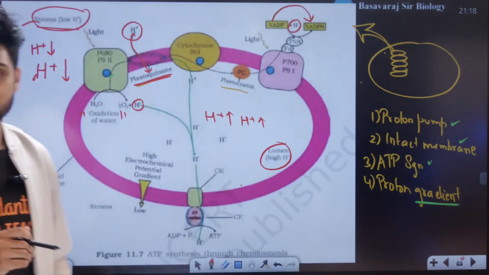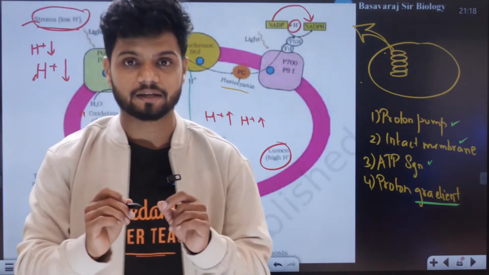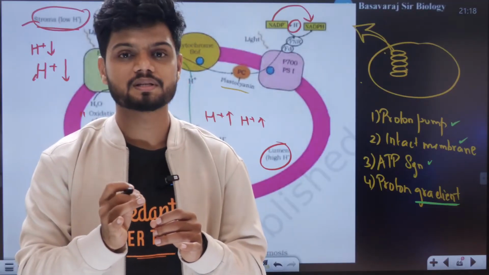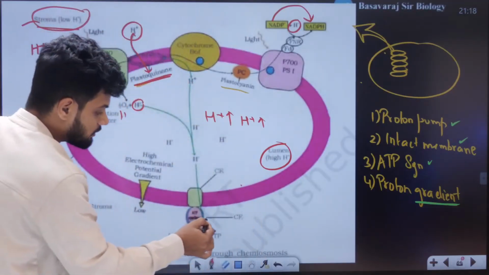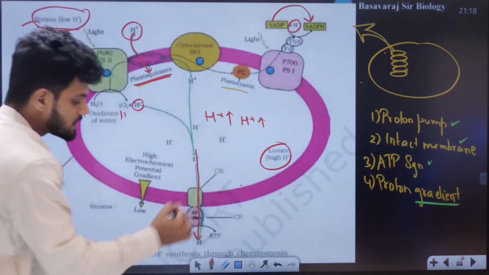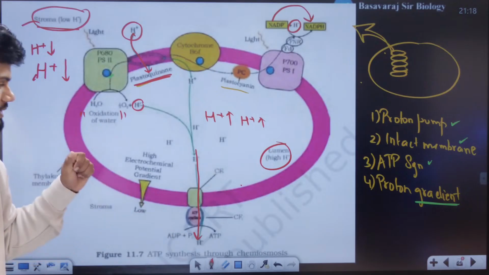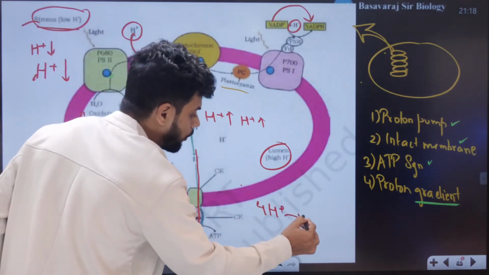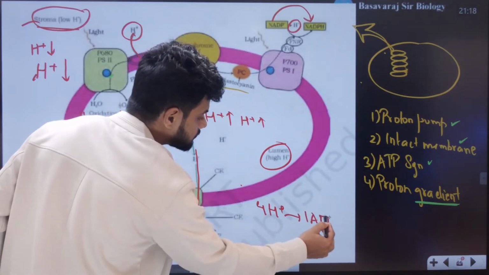Now once this proton gradient is created, what happens after that? This is the work of ATP synthase. Now all the H plus will pass through the ATP synthase. Every single time 4 H plus are entering, 1 ATP is being formed.